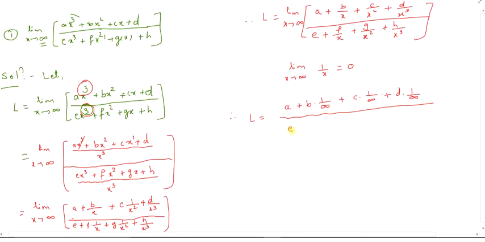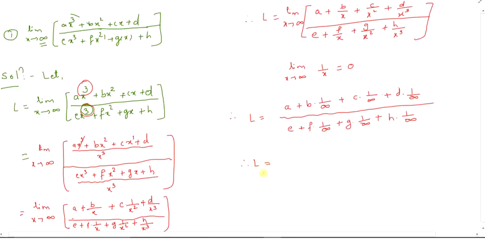Same happens at the denominator, f into 1 by infinity plus g into again 1 by infinity plus h into 1 by infinity.